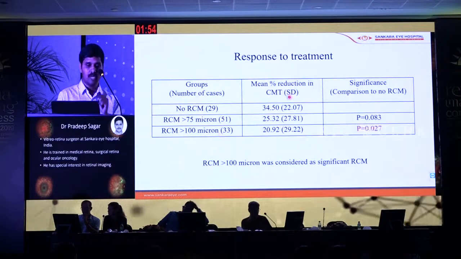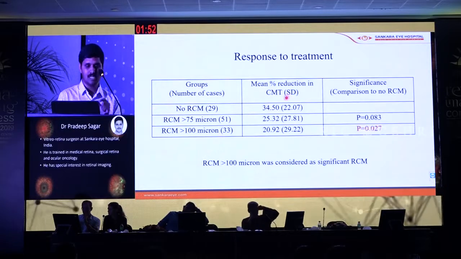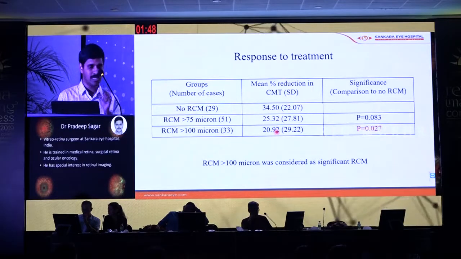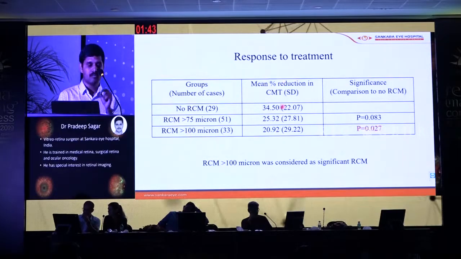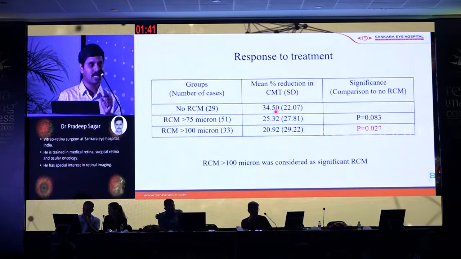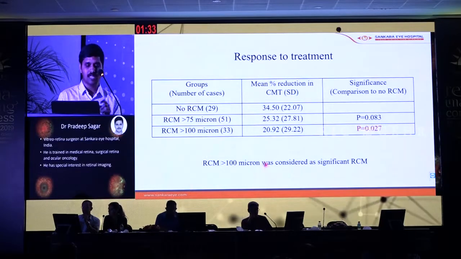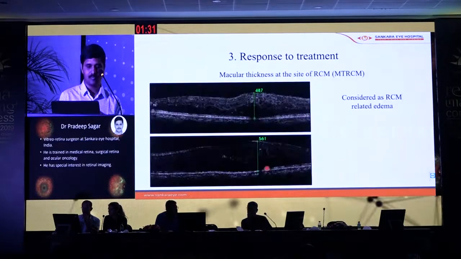But when we compared the percentage reduction in CMT, it was just around 20% in cases with RCM more than 100 micron, whereas the mean percentage reduction was around 35% in cases with no RCM, and it was statistically significant. So we considered it better to include only more than 100 micron as a significant RCM.